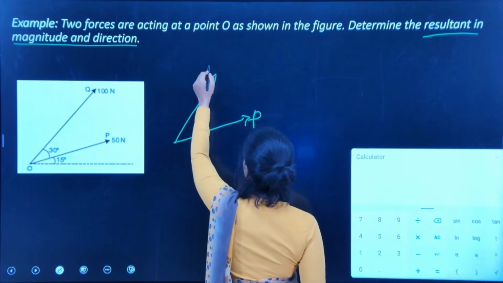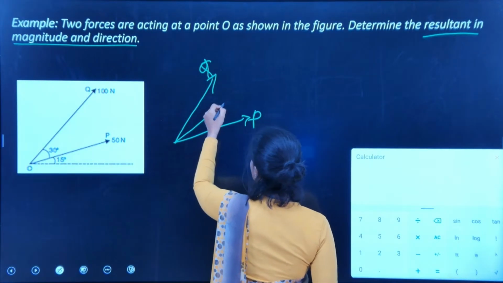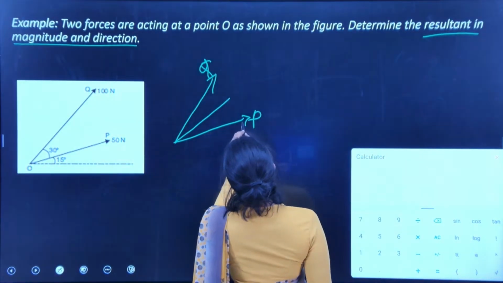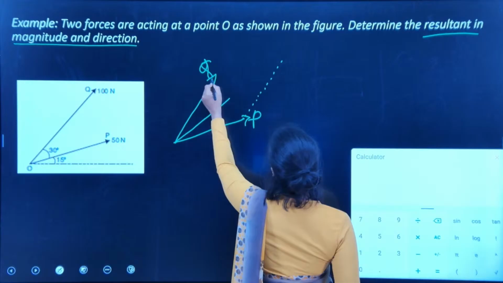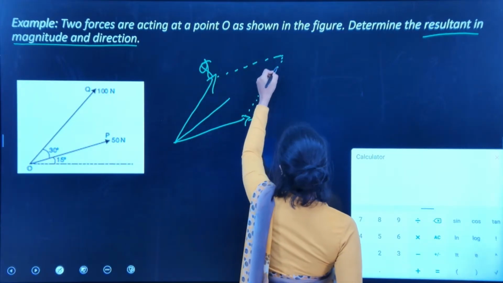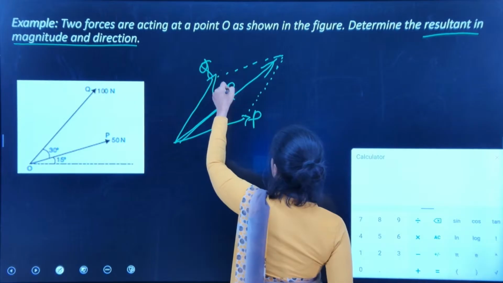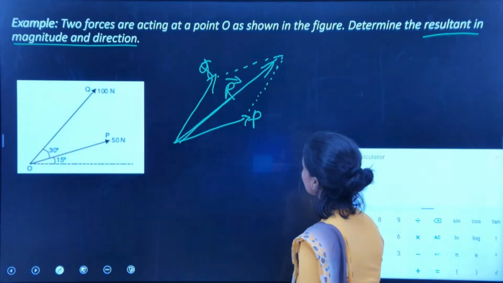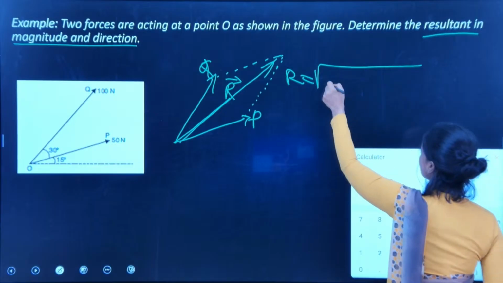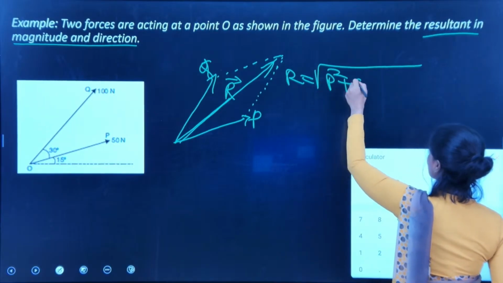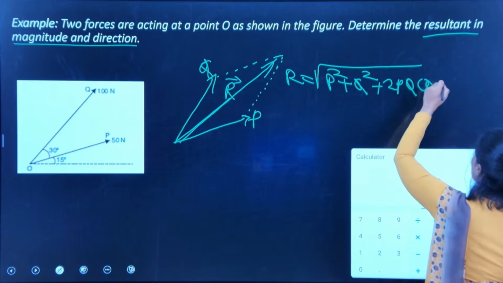This is P, this is Q, and R would be the diagonal. Complete the parallelogram, join the diagonal, and name it R. R is root over of P square plus Q square plus 2PQ cos theta.